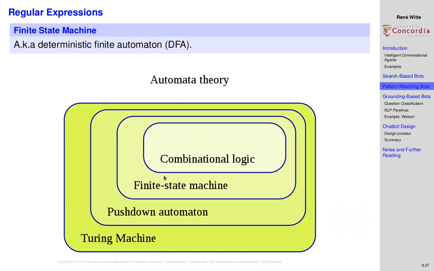So there's this hierarchy of machines, starting from logic over finite state machines, pushdown automata, and then the Turing machines, which can basically compute anything that you want a computer to be able to compute. So finite state machines and therefore regular expressions are not nearly as powerful as a Turing machine, but they are still very useful in many applications.